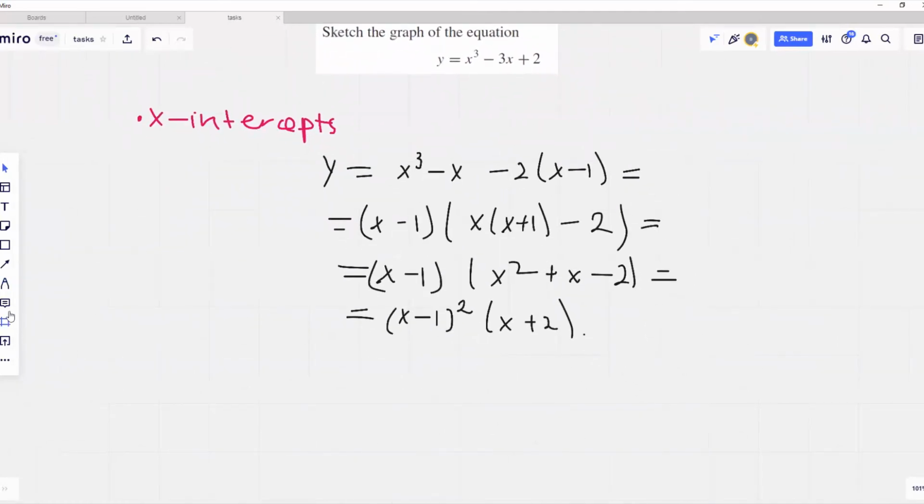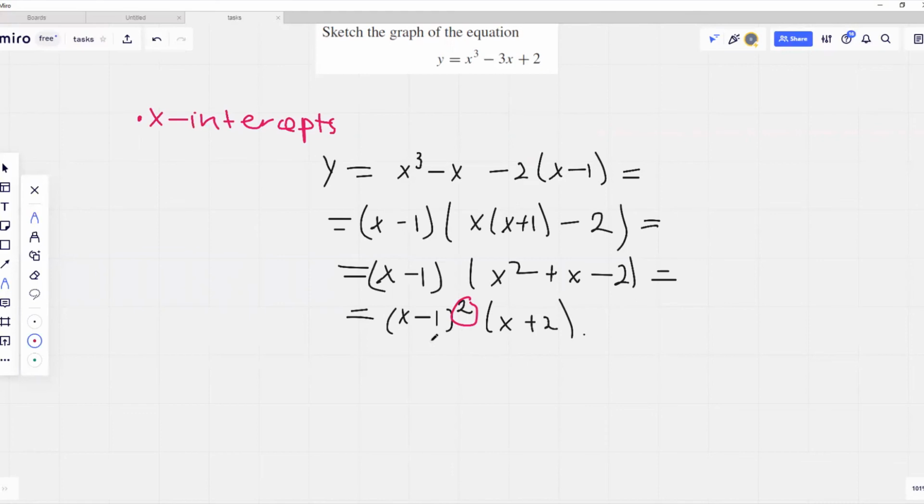Now, from the multiplicity of roots, we know that our function is going to intersect our x-axis at points x is equal to 1 and x is equal to minus 2. Root x is equal to 1 has even multiplicity, meaning that the concavity will not change at that point.